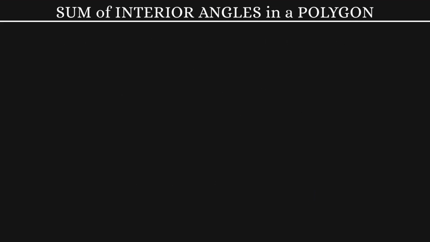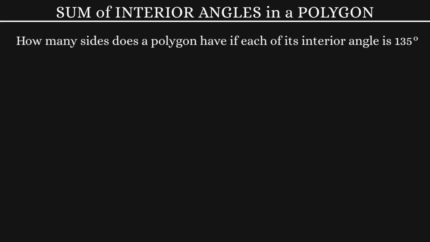Next question. How many sides does a polygon have if each of its interior angles is 135 degrees? Here we need to find the number of sides n. We know that each angle is 135 degrees.